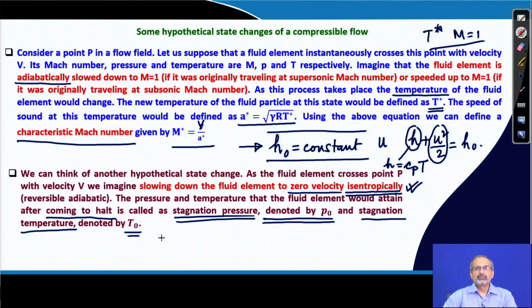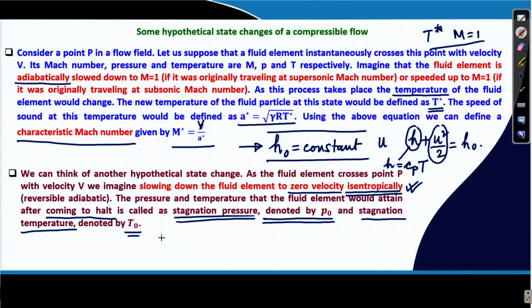So, with this we will wrap up this lecture. In this lecture, we talked further about the concept of characteristics and how we can use it to explain the behavior of finite compression waves and how shocks can be explained from that point of view. We further discussed more details of normal shocks.